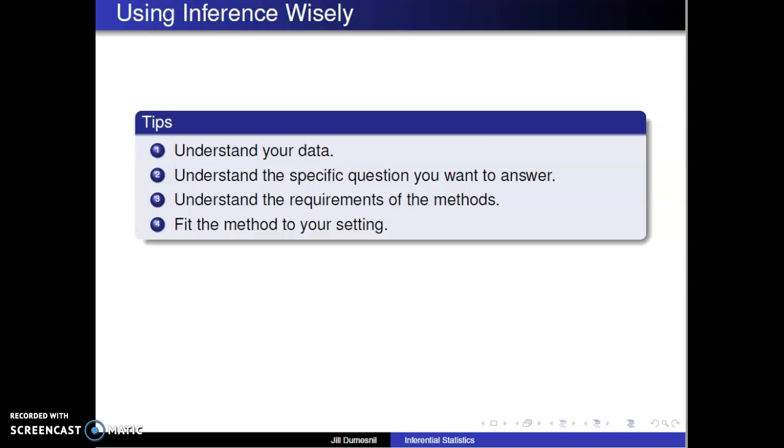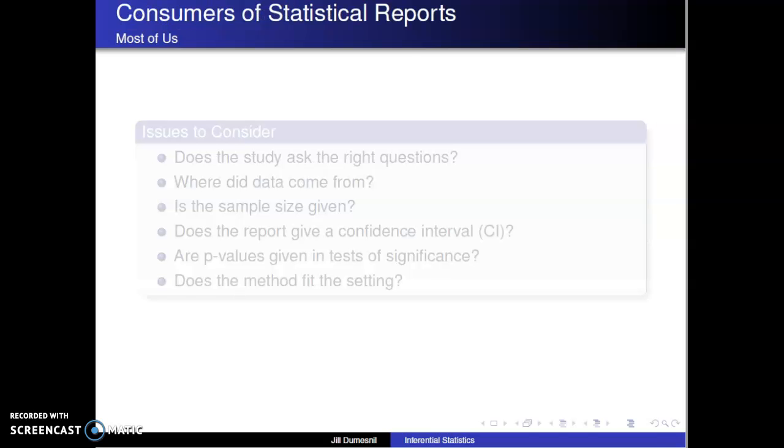Massaging your setting or your data to fit the only method you know is analogous to committing statistical malpractice. Fortunately, most of us are consumers of statistical reports as opposed to the creators of those reports. If we need to perform serious statistical tests, we usually seek expert advice.